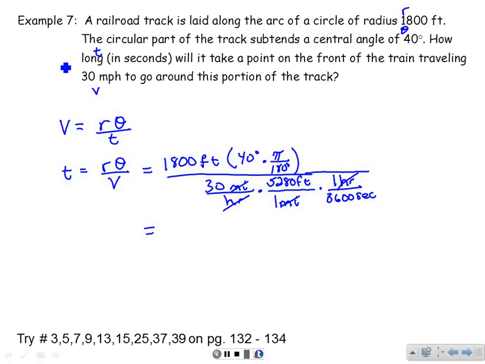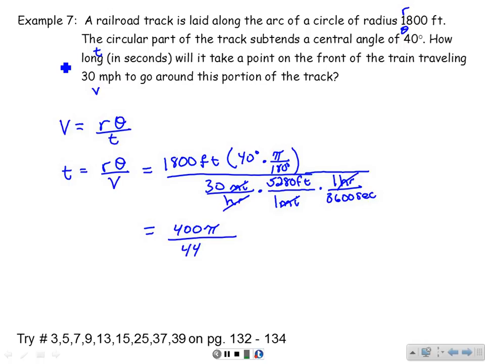So we're going to do 1800 times 40 divided by 180. And that's going to give us on top 400 pi. And then on bottom, let's do 30 times 5,280, and then let's divide that by 3,600. And we're going to get 44.